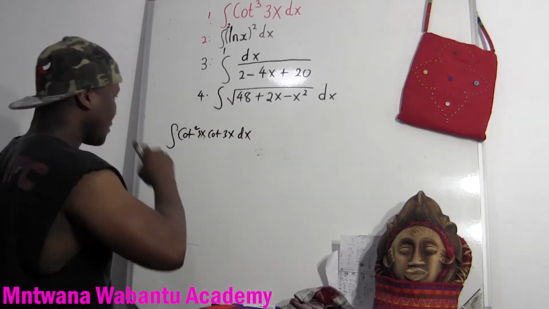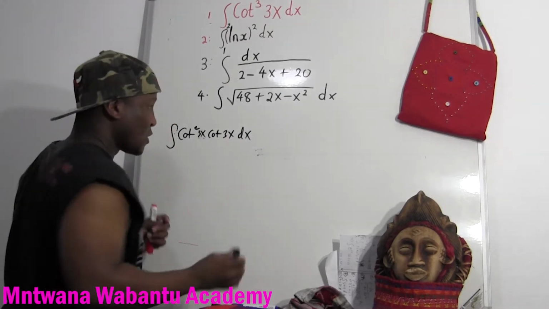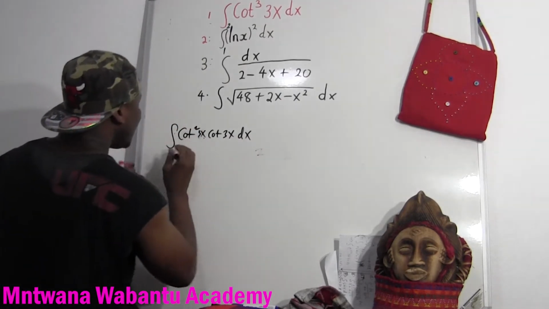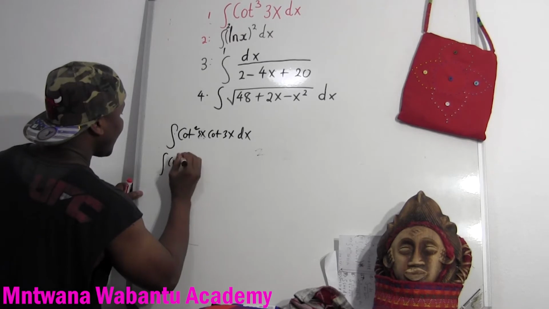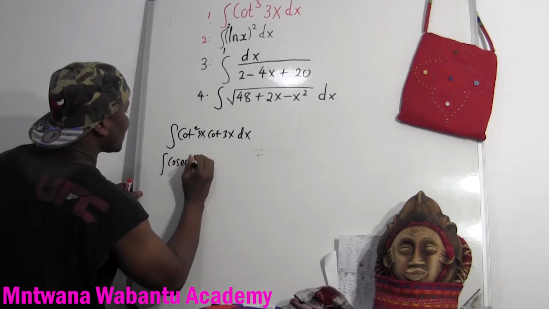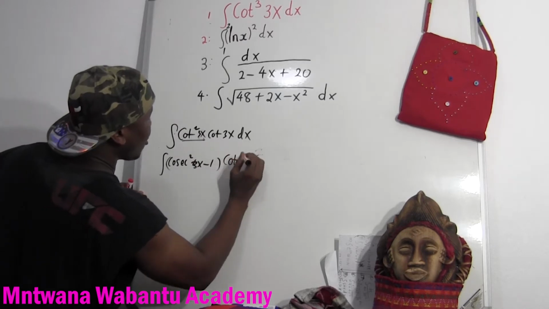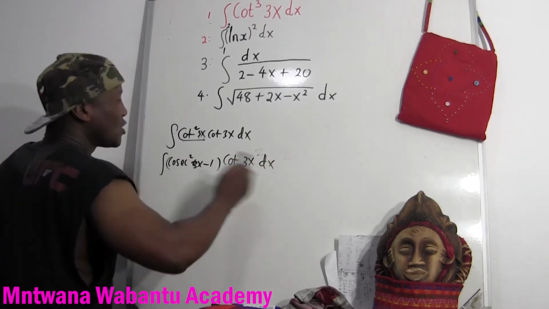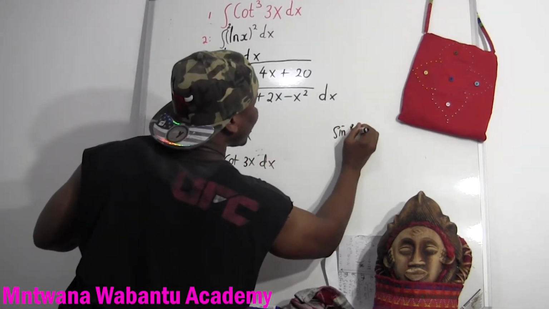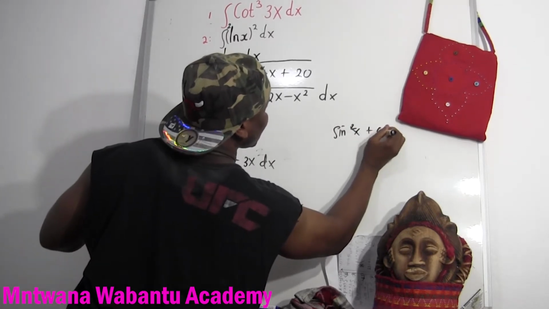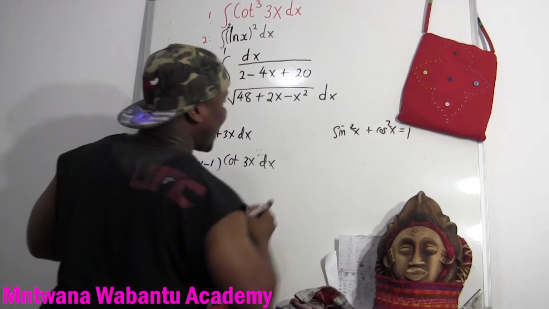Another thing I'll do, look, I'll show you quick. Somebody gives you this, and I'm going to change cot squared to cosec squared 3x minus 1. How do I know that? If you have the identity sine squared x plus cos squared x equals 1, everybody knows it.